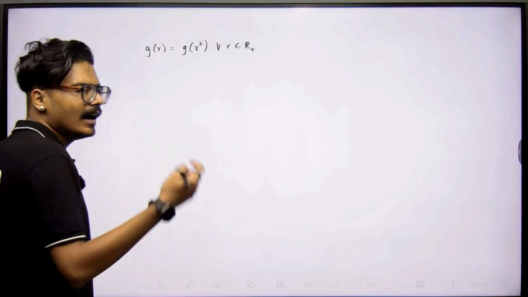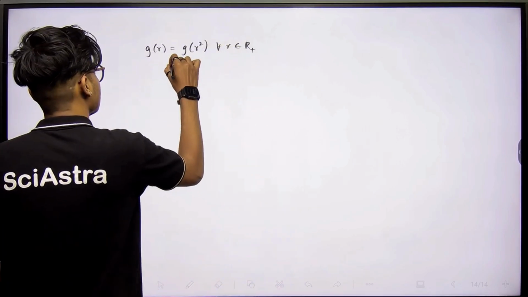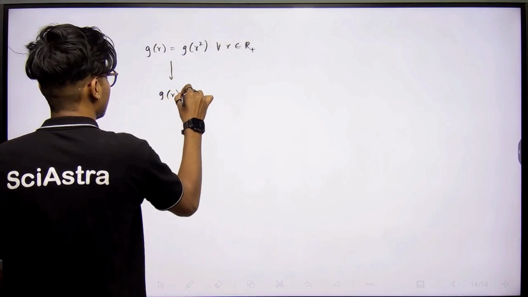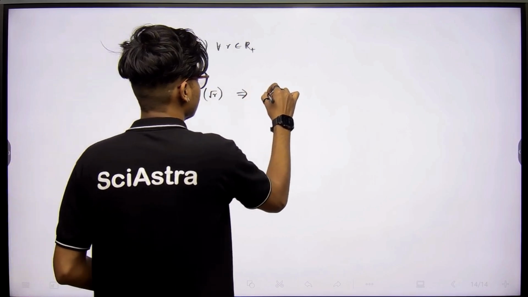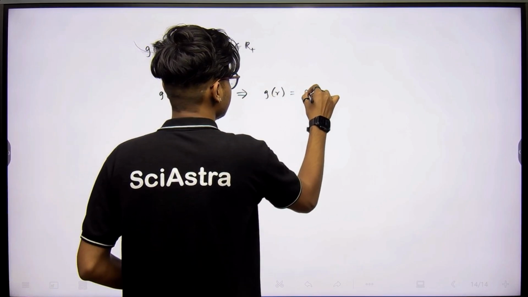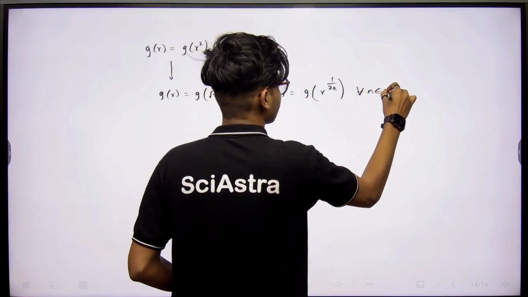Now, since r is a positive real number, we can substitute r by square root of r. So this will turn into g(r) equal to g(√r). And from here, by induction, we can say that g(r) should be equal to g(r^(1/2^n)) for every natural number n.